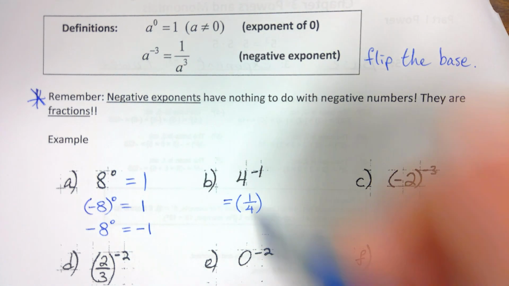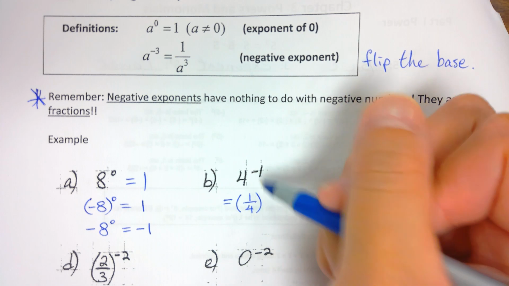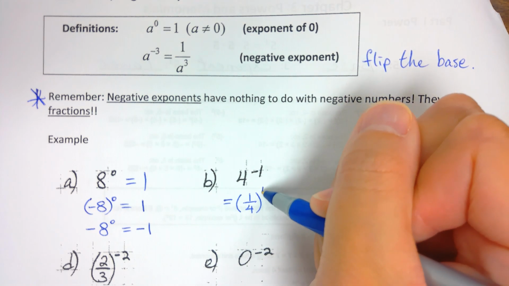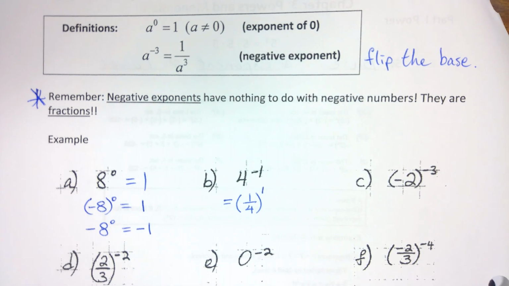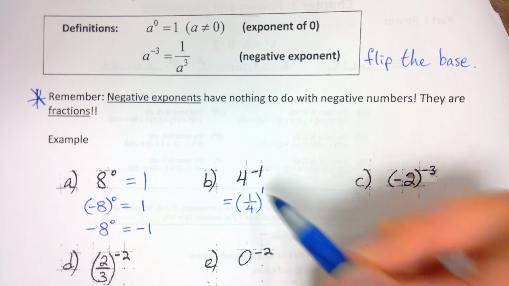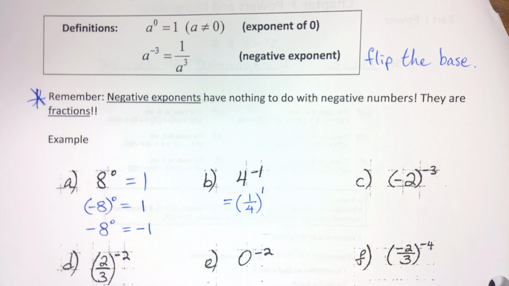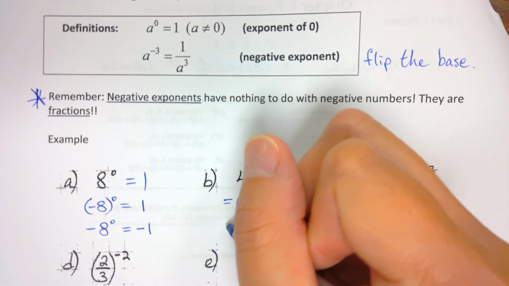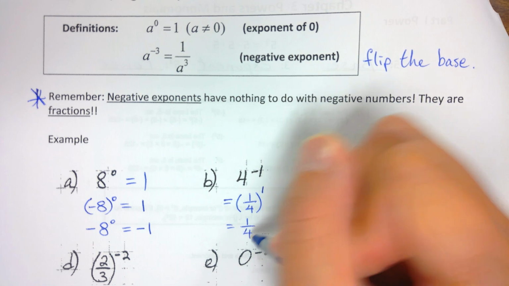Once you deal with the negative exponent, it becomes just a positive exponent now. The negative sign flips your base, and then you're just left with a positive exponent. And then anything to the power of 1 is just itself. So the answer is 1 over 4.